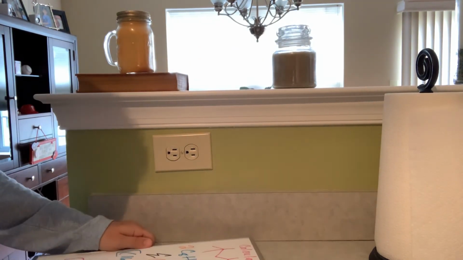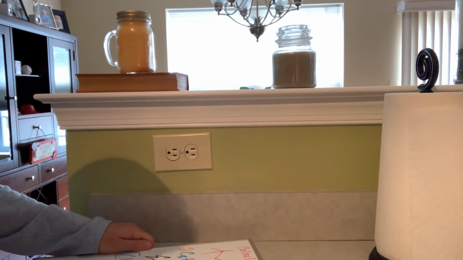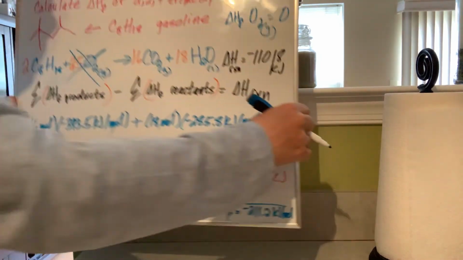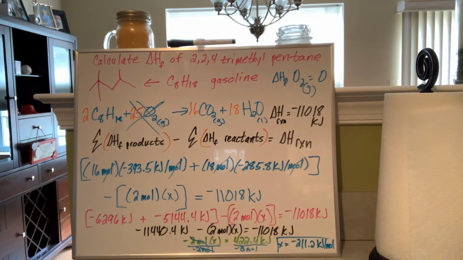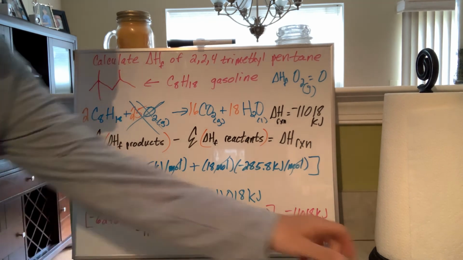We get an X value of negative 211.2 kilojoules per mole, and that would be the enthalpy value of the 2,2,4 trimethylpentane. Okay?